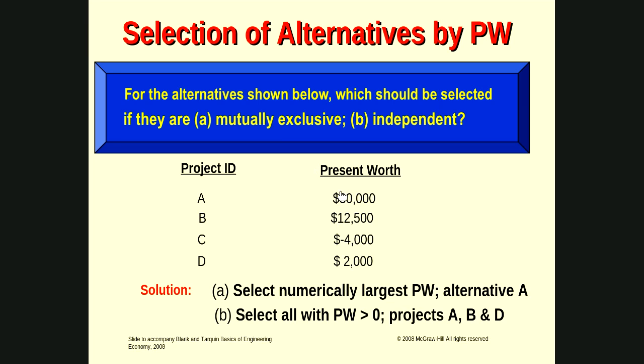Looking at the present worth of each project, considering the revenue and the cost, Project A is worth $30,000, B 12,500, C minus 4,000, and D 2,000.